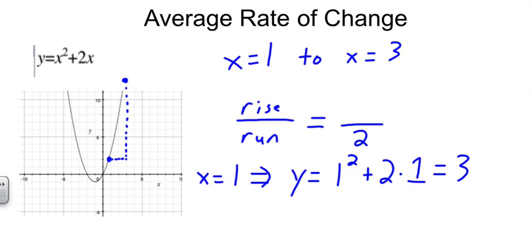Alright, so it looks like it's supposed to be 3, which makes me think my graph is even worse than I thought it was. So at 1 it's 3.